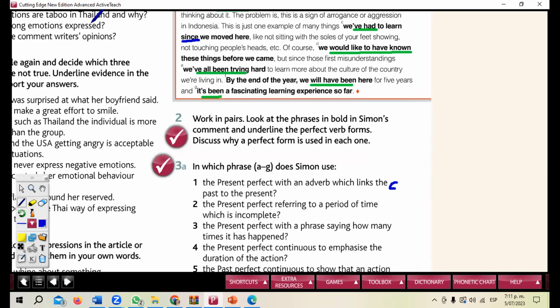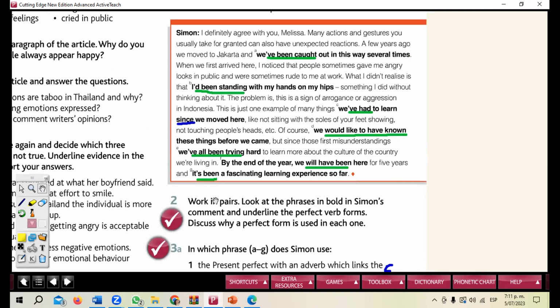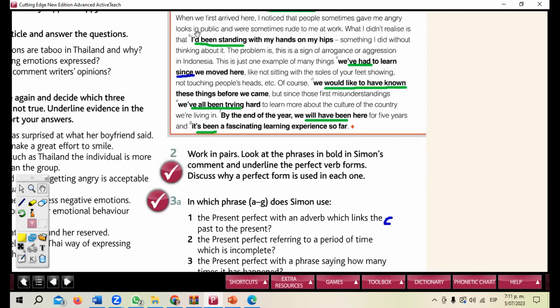Number 2, the present perfect referring to a period of time that is incomplete. What do you think? C and G?